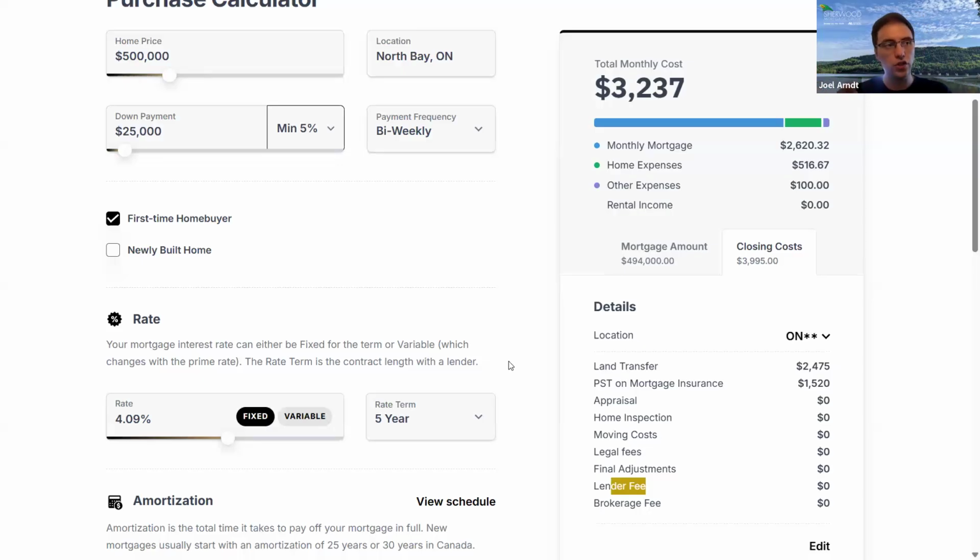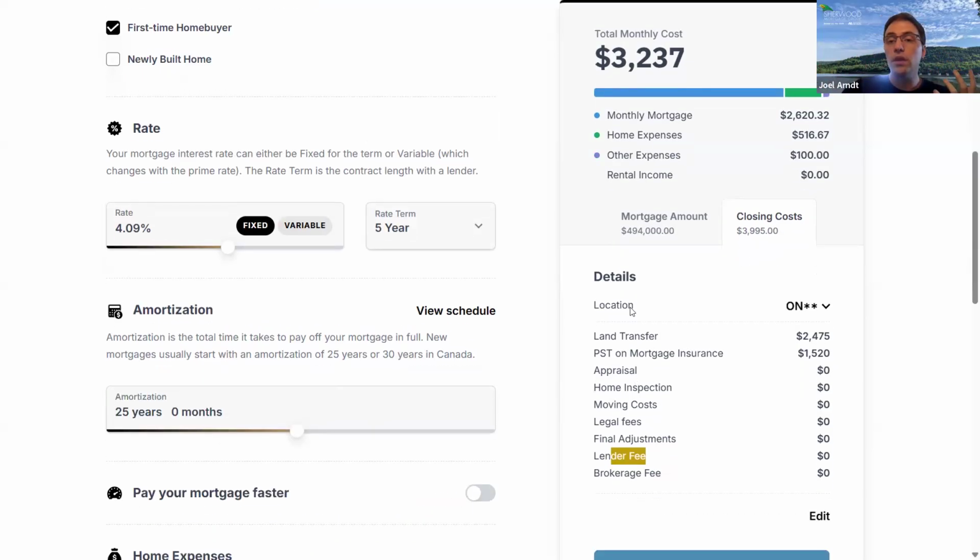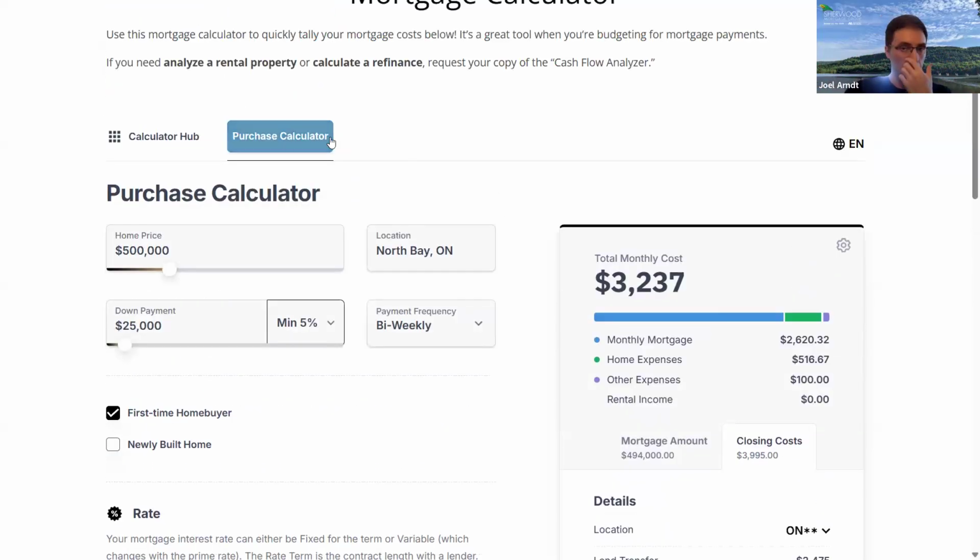Lender and broker fees only show up if we have to go to an alternative lender or private lender. And in my case, the way I do business, I'm always going to warn you of any additional fees before you sign anything. And I'm going to make sure that you are fully aware of the costs before you step into any mortgage. So this gives you an idea.